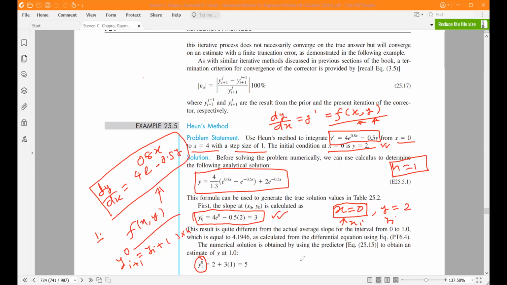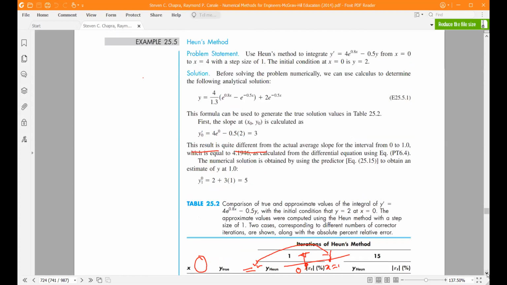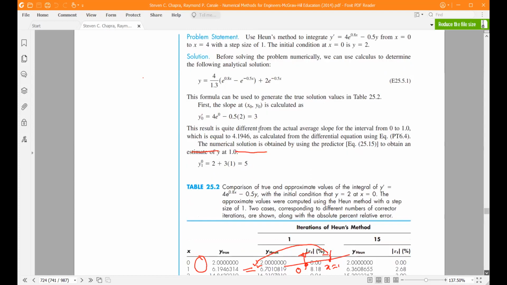Using the same equation, we calculate the slope y prime at x equal to 1 with the help of y1 0. So this is your slope at y1 0.